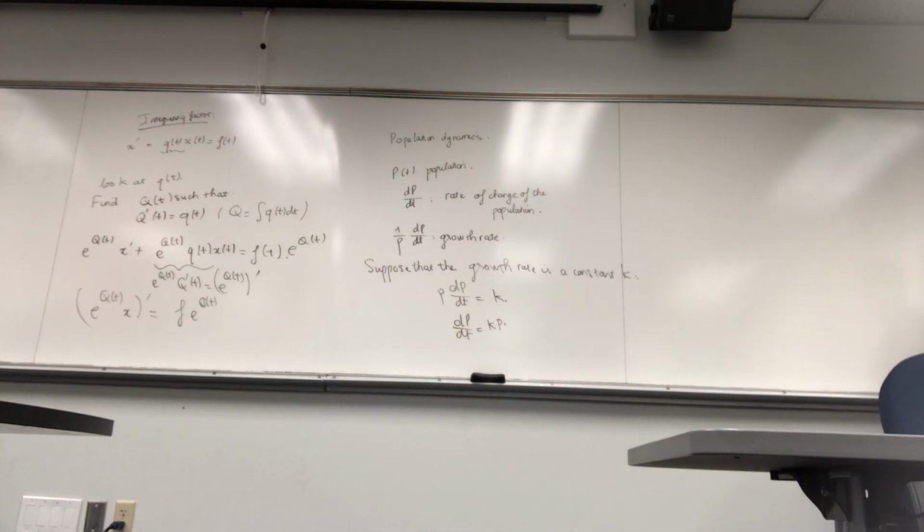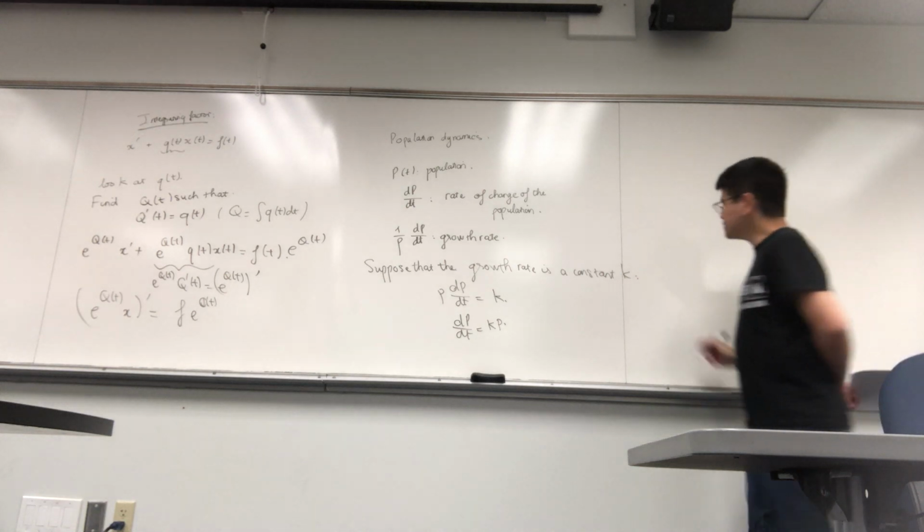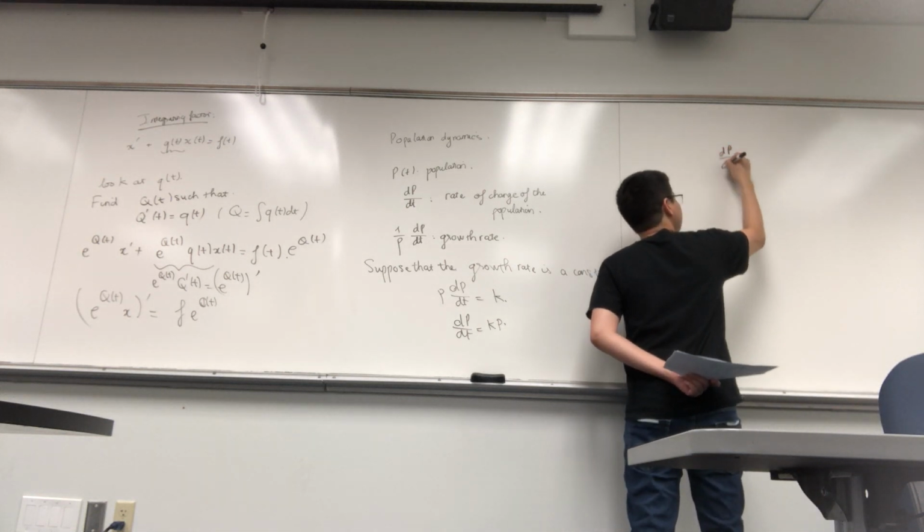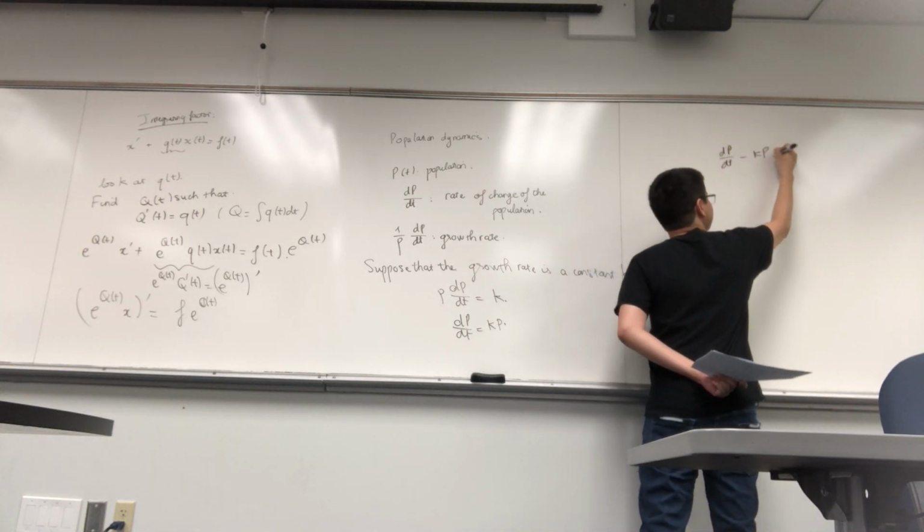This is a first order, homogeneous differential equation, but we can use the integrating factor method. So you have dP over dt minus kP is 0.